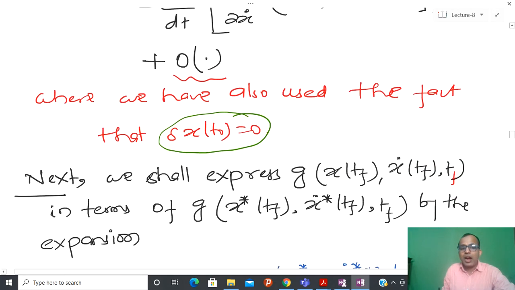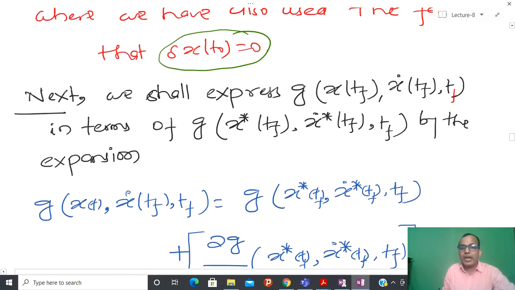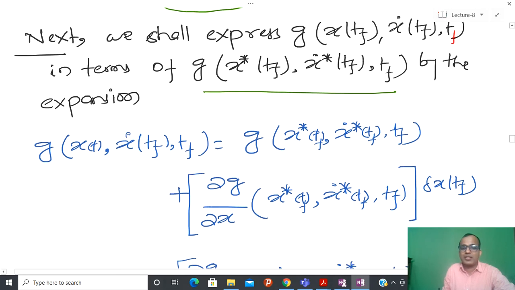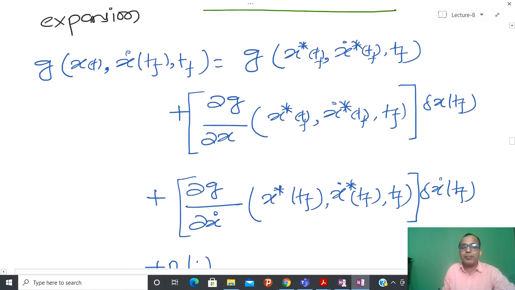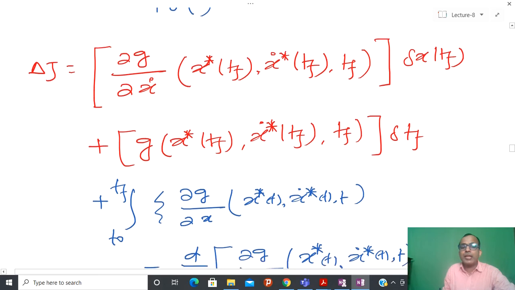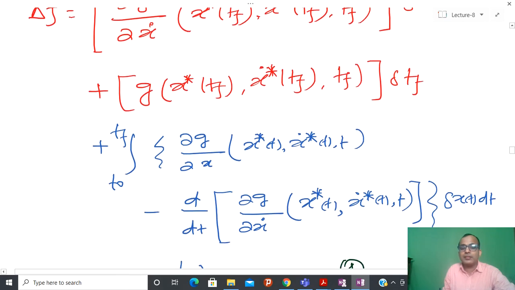After that, we have to express similarly g of xtf, x dot tf and tf in terms of this g star, because x star is the extremal trajectory or extremal function. So again this step is similar, and I have the variation with respect to delta xtf, delta x dot tf, then the higher order term, and finally we have this kind of delta J.